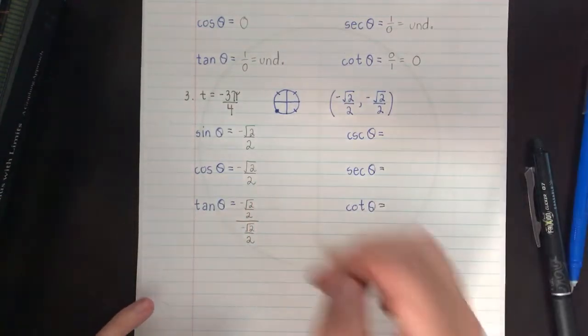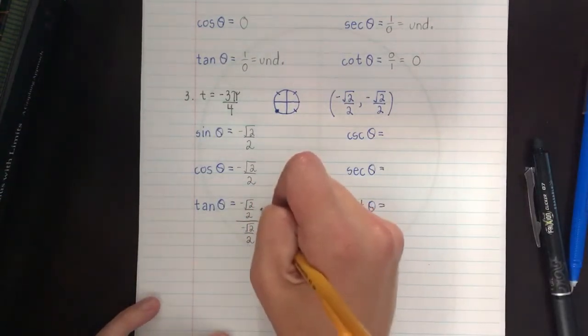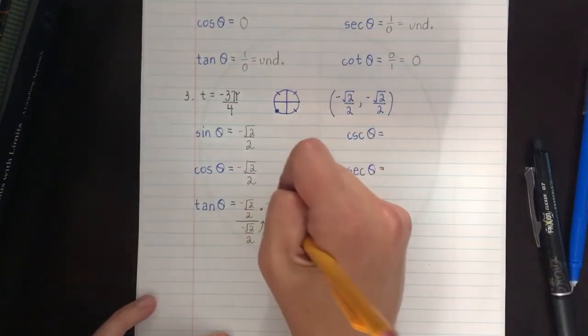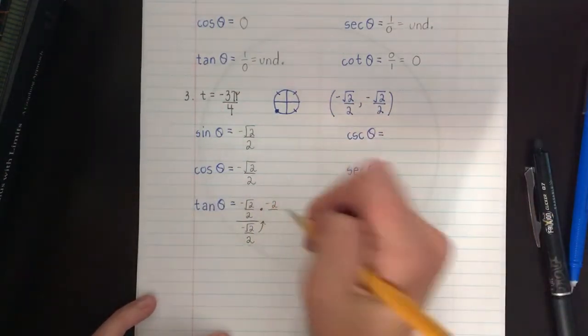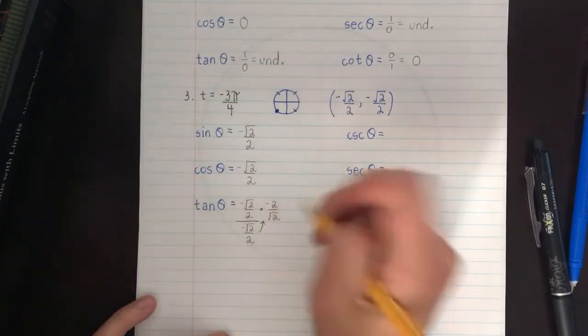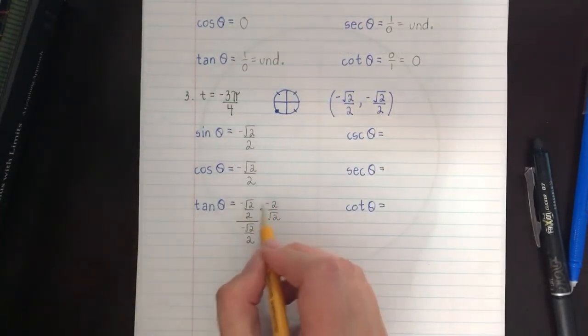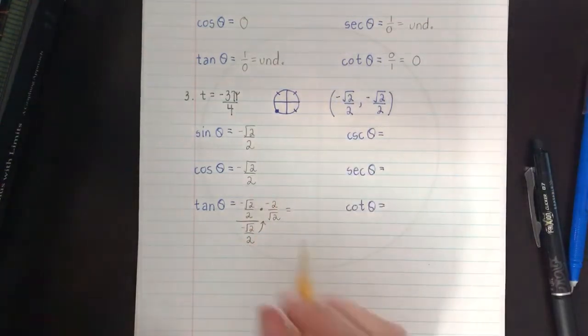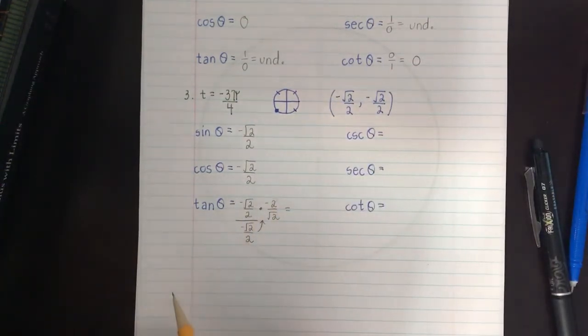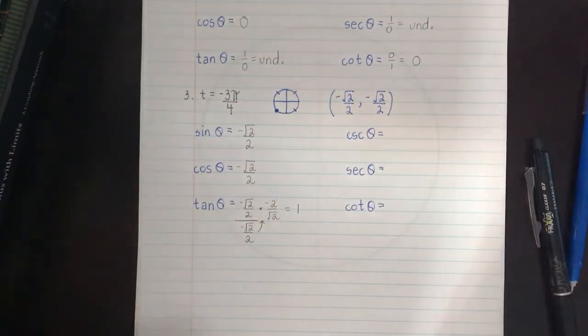So a fraction over a fraction, multiply by the reciprocal, so multiply by 2 over square root of 2, negative 2 over square root of 2. And what happens here? A negative times a negative is a positive, as well as here those simplify, these simplify, so it's just 1. Simplifies to 1.